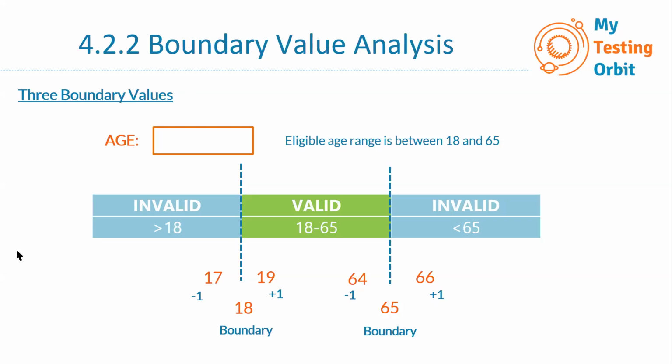Okay, so we have now gone through the two boundary values and the three boundary values as well. Now if you look at the three boundary values, note that it also covers the possible values of equivalence partitioning. Because what equivalence partitioning is, is that we take one value from each group. So here it's actually covering two values from the valid group, which is part of equivalence partitioning, and from the invalid groups it's taking one each.